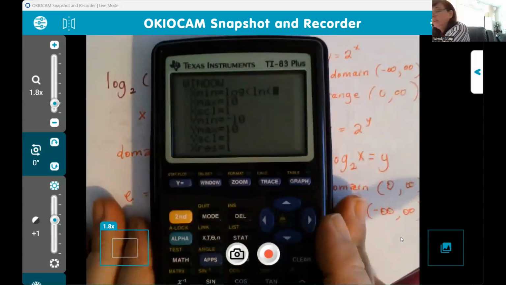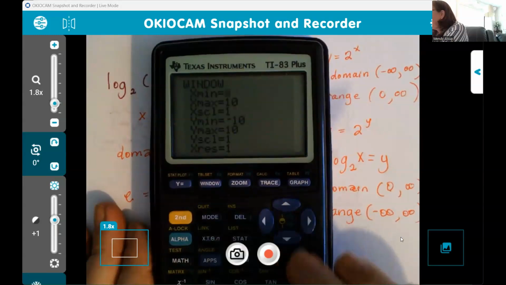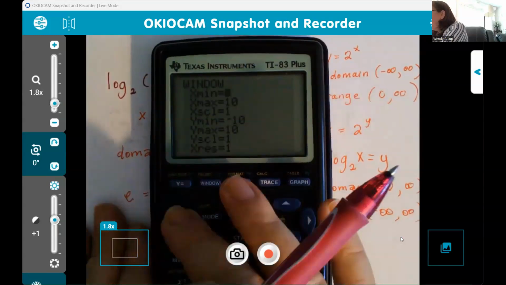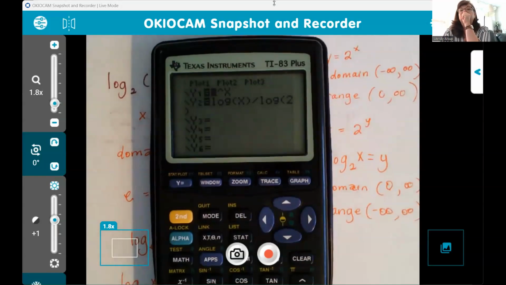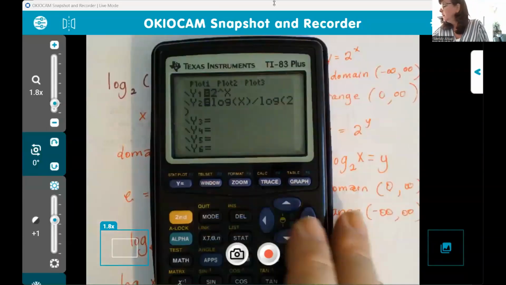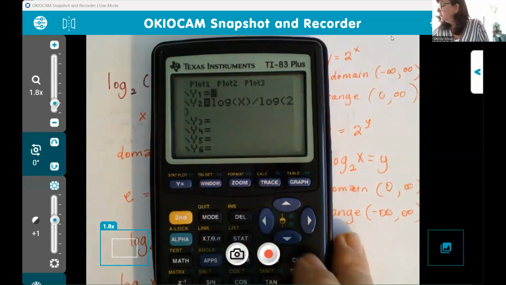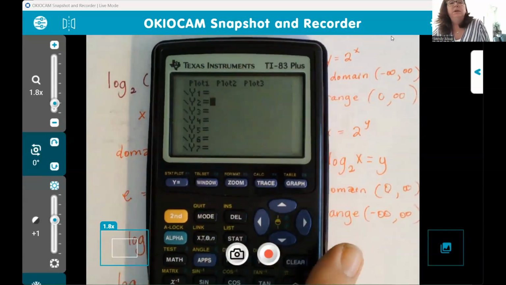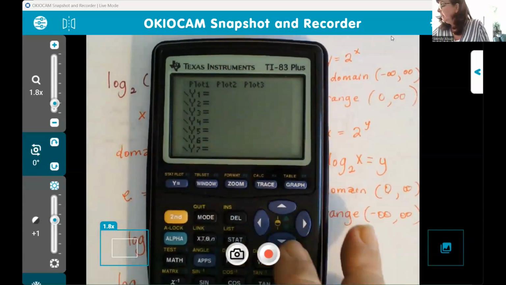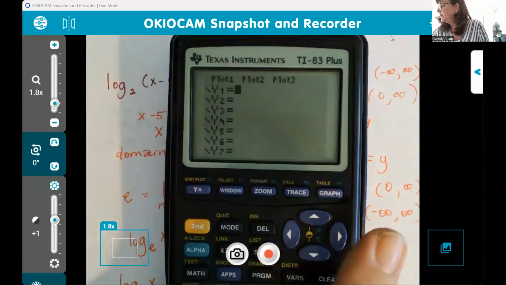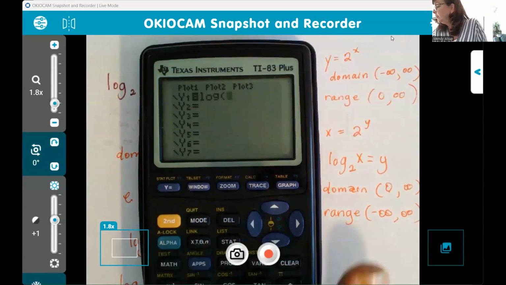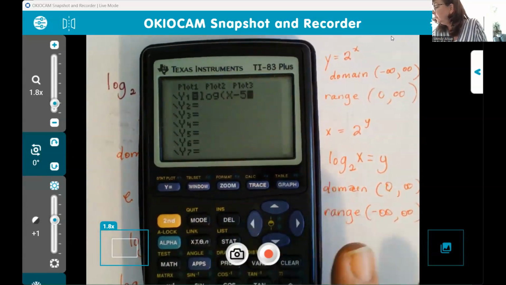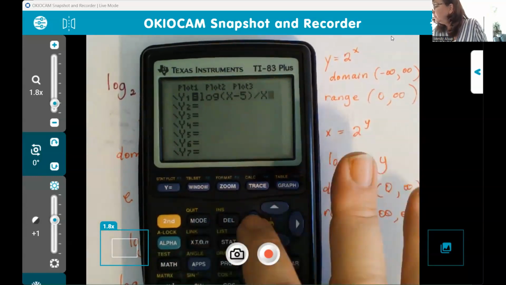I'm going to put that on the graphing calculator for you too. Let's clear all these off. Again, I have not yet taught you how to do this; that will be in a later lesson.